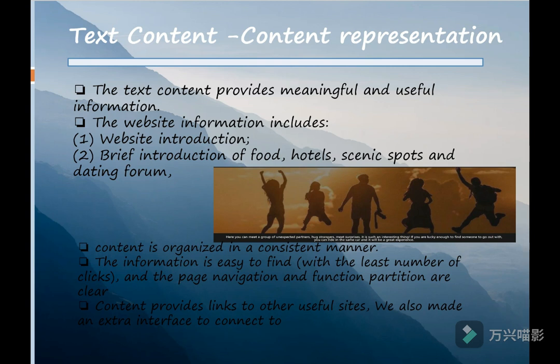And in our website, the content is organized in a consistent manner. The information is easy to find, with a low number of clicks, and the page navigation and function partition are clear. And the content provides links to other useful sites. We also made an interface to connect to.